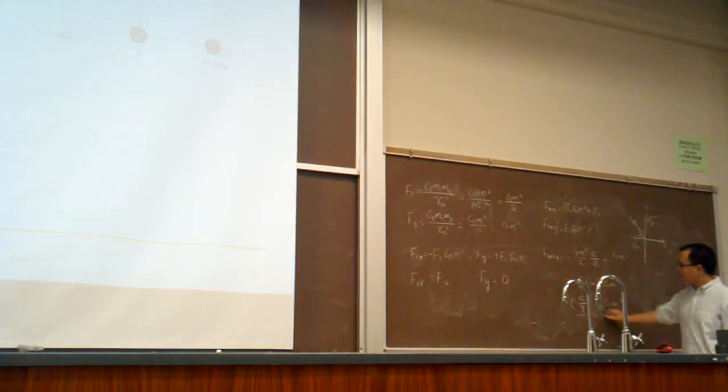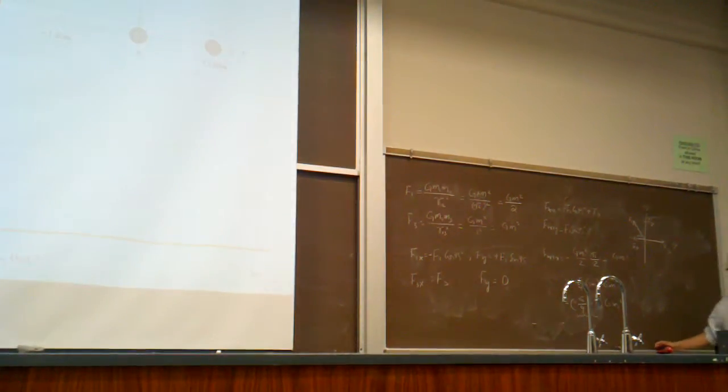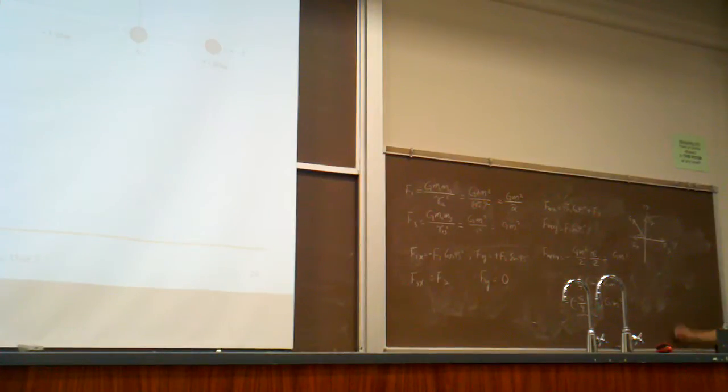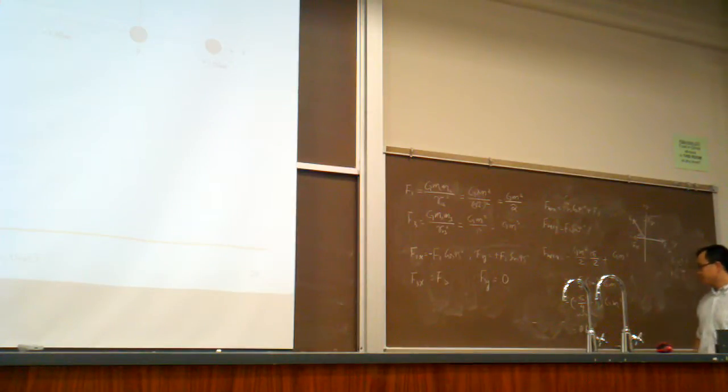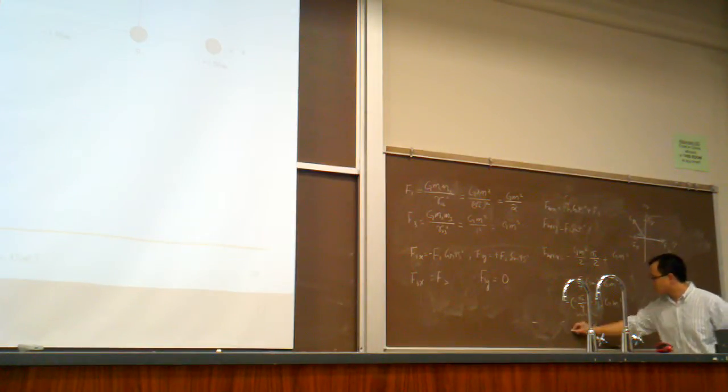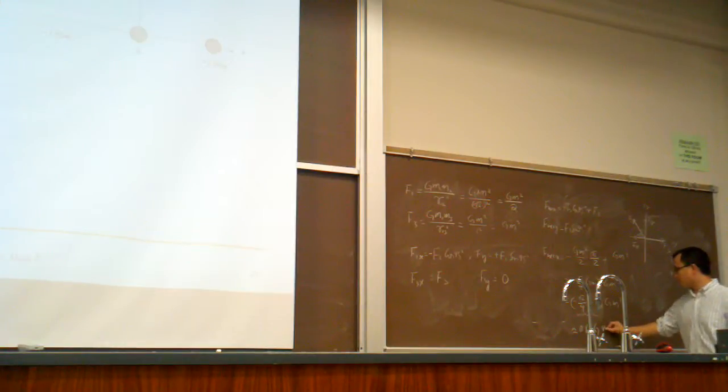So can you give me the number here? Negative square root of 2 divided by 4 plus 1. It should be 0.65, about, okay, roughly 0.65 GM squared, right?